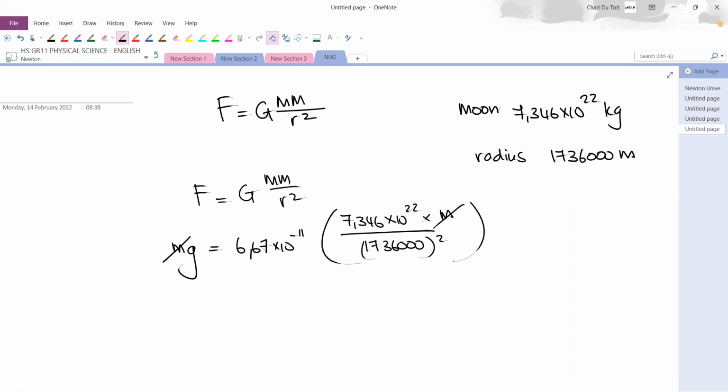So it's just 6.67 times 10 to the power of negative 11. That's wrong. 1.63.